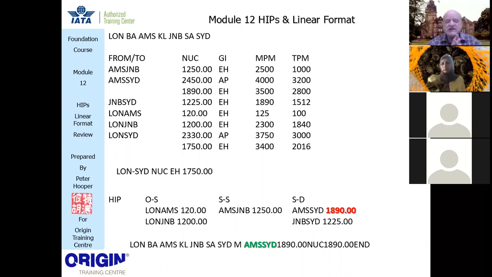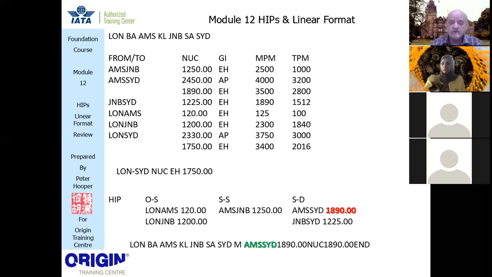So let's pretend I've got no idea where London and Amsterdam are. I would check the fare, and it's 120 compared to the 1750. London, Johannesburg, 1,200. So both of those fares, origin to stopover, are lower than the origin destination fare.